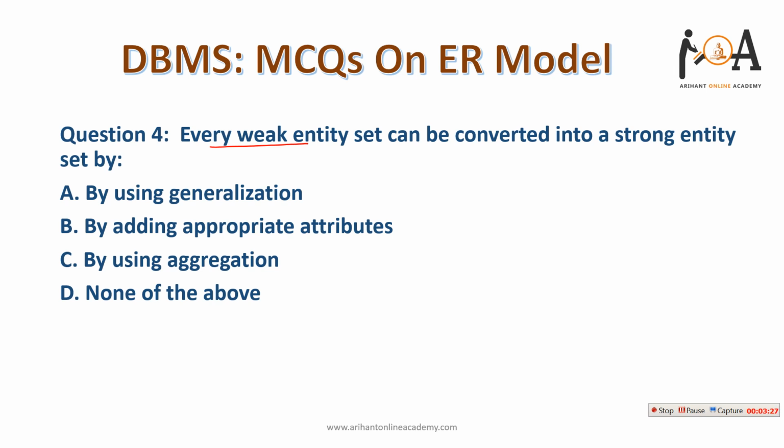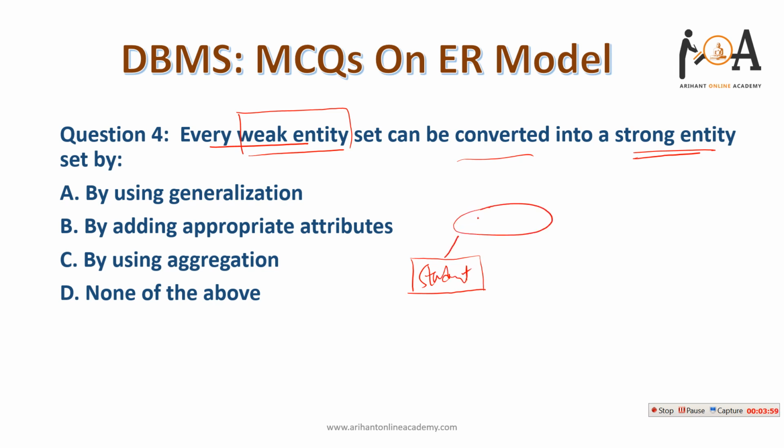Every weak entity set can be converted into a strong entity set by what? So what is a weak entity? A weak entity is an entity in which there isn't any strong attribute, any attribute which can by itself establish uniqueness. Suppose the entity is student and one attribute is student name, Rahul.